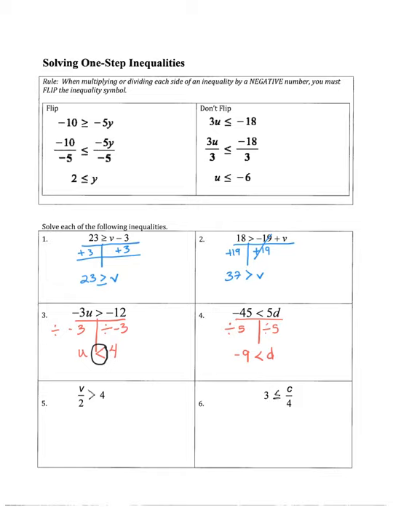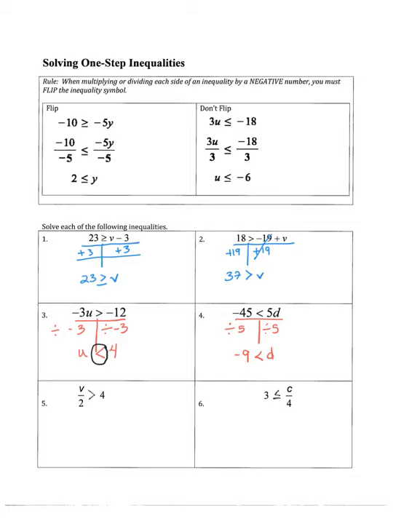That's because I divided by +5. So the sign did not flip. In problem number 3, I divided by -3. The inequality symbol flips. In number 4, I divided by +5. The inequality sign does not flip.